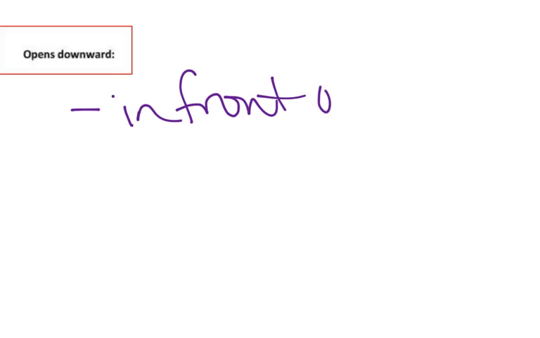Opens downward. Stop and think about it. New way of wording it. But what have we actually done to the graph if it opens down instead of up? We flipped it. So if it tells you it opens downward, you need a negative in front of your x squared. If you see the words shifted up, this is the same thing as if you moved something up.